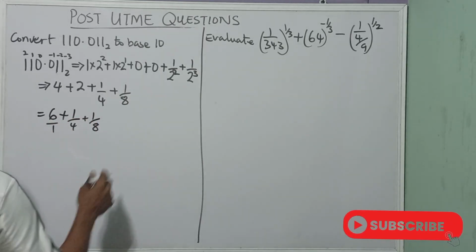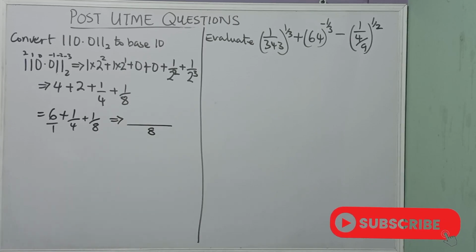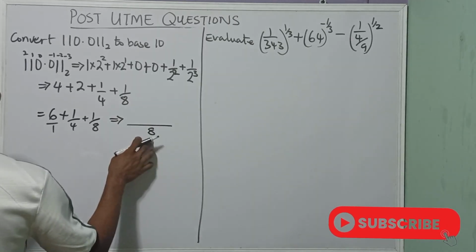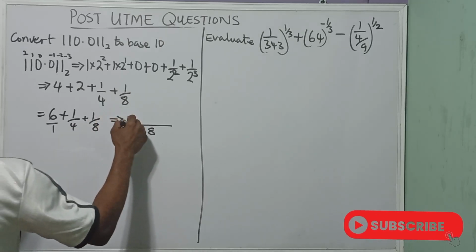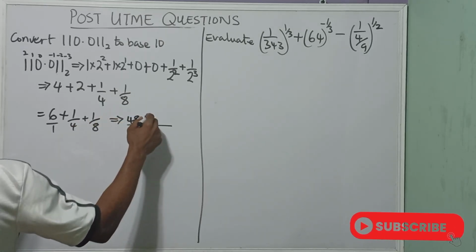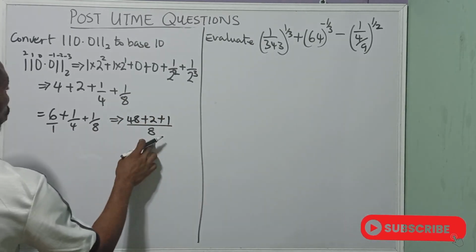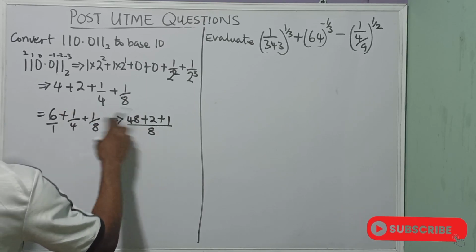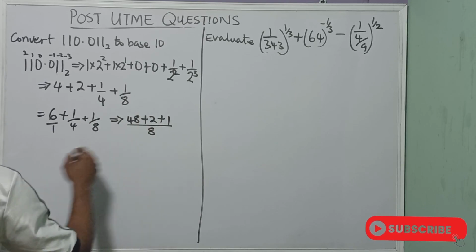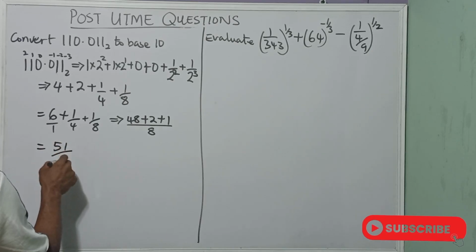Our LCM for 6 and 8 will be 8. 8 times 6 will give us 48 plus 2 plus 1. So this will give us 51 over 8.